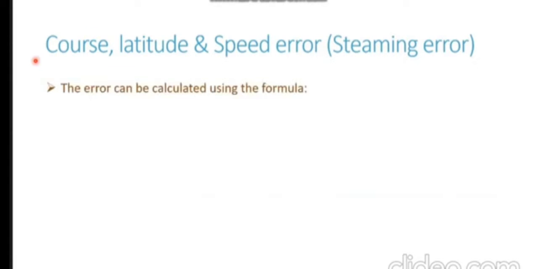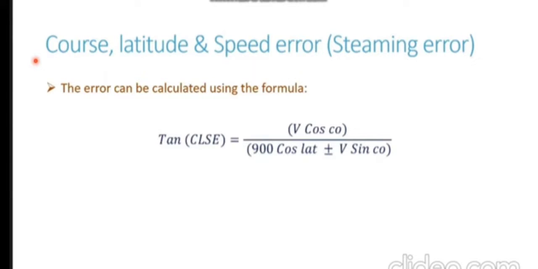Now let's go into the formula for the CLSE, the course latitude speed error or the steaming error. You can see the formula on the screen now.